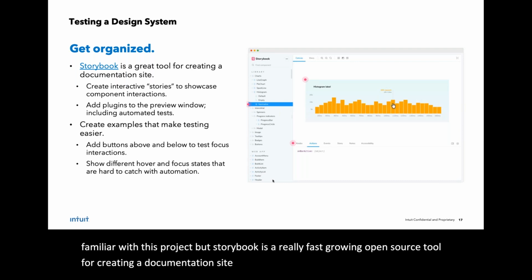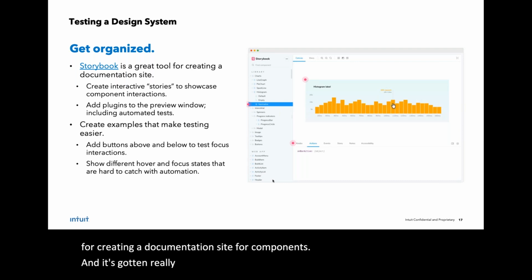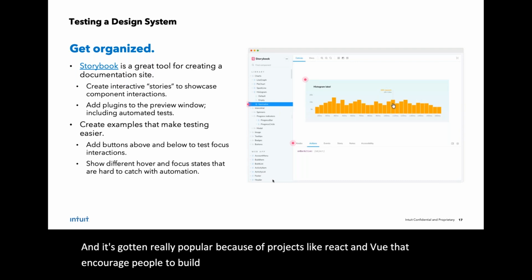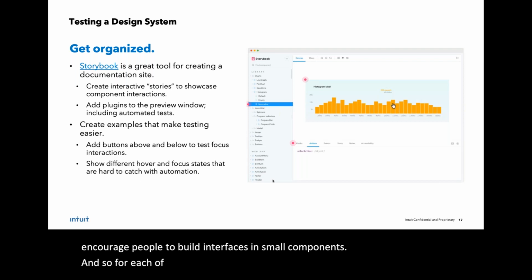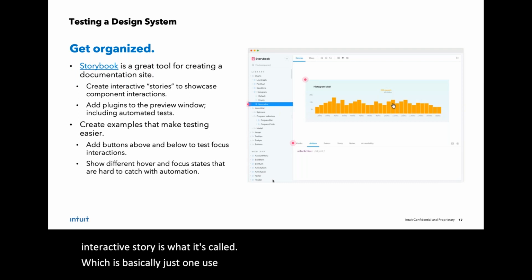It's gotten really popular because of projects like React and Vue that encourage people to build interfaces in small components. For each of the components that you're building, you can create an interactive story, as it's called, which is basically just one use case for that component.